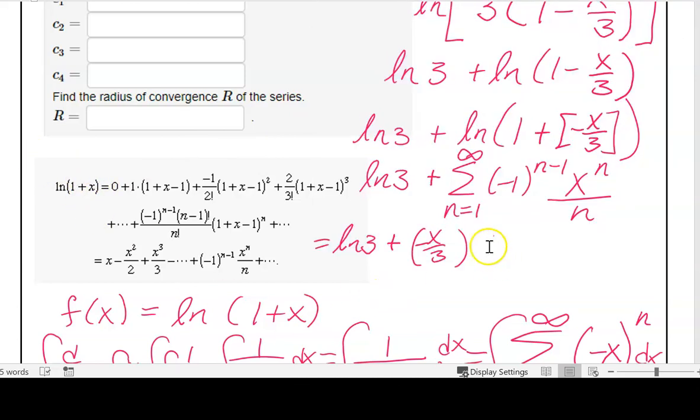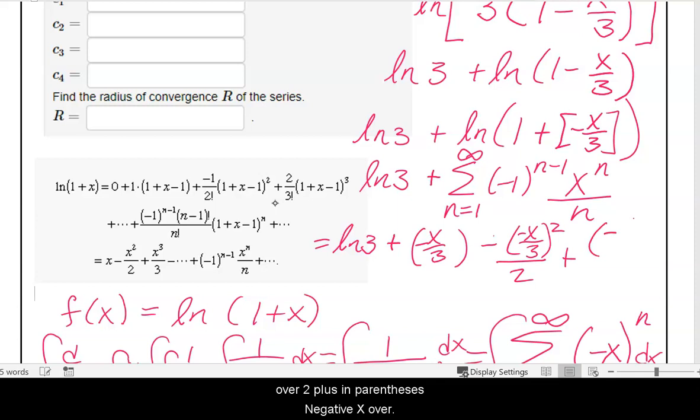Okay. So then our next one would be minus, in parentheses, negative x over 3 squared over 2 plus, in parentheses, negative x over 3 cubed over 3, and then so on, minus dot, dot, dot. Okay, so that's our pattern.